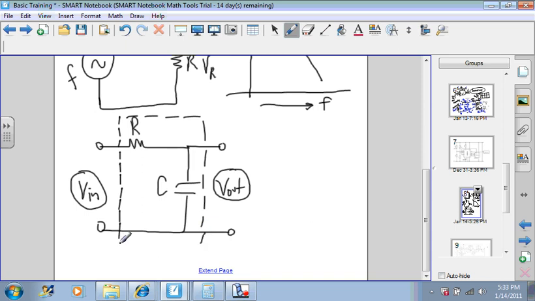We could just represent the whole entire circuit as a block. And we can say this side of the block would be the output, and this side of the block would be the input.